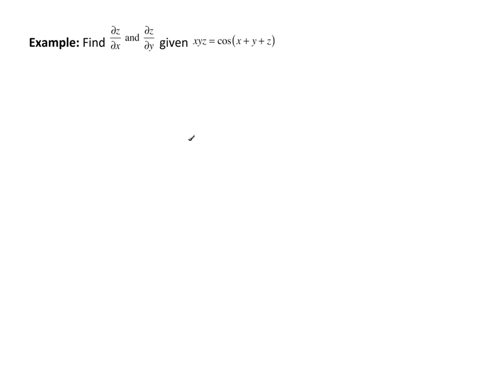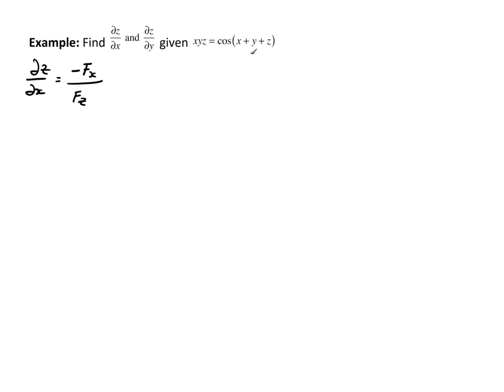So let's go ahead and find the partial of z with respect to x and the partial of z with respect to y given this function xyz equals cosine of x plus y plus z. So the partial of z with respect to x we said was equal to the negative of the partial of f with respect to x over the partial of f with respect to z.